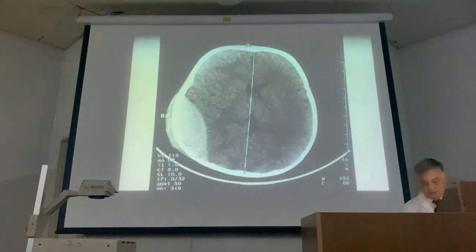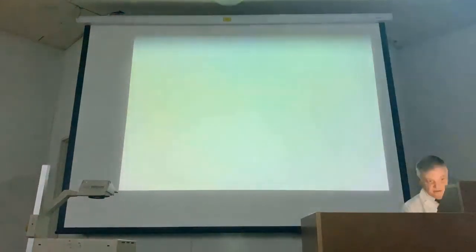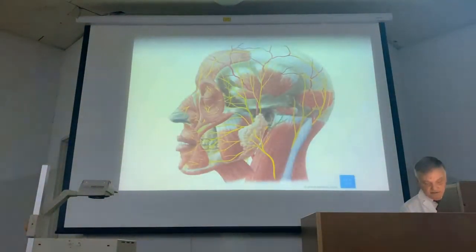So don't say it's a small hematoma in the scalp and tell the patient, go home, it's going to disappear. No, it can dissect its way into the inside of the skull, pressing on the brain.